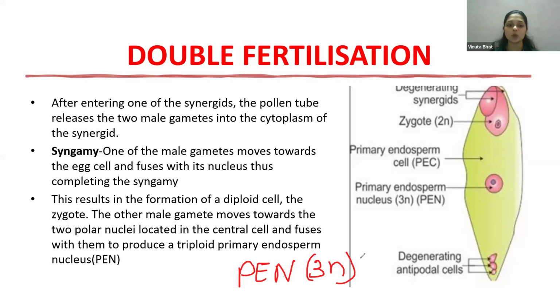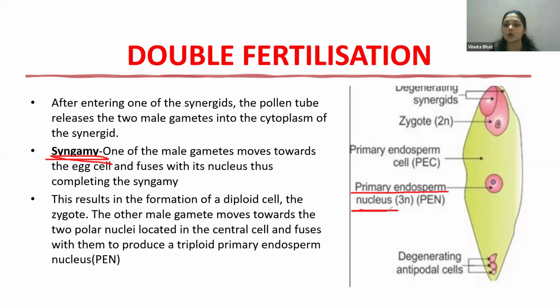Now what has happened? The first fusion of the male and female gametes is known as syngamy, and the fusion with the central cell leads to the formation of the primary endosperm nucleus, PEN, that is triploid in condition.